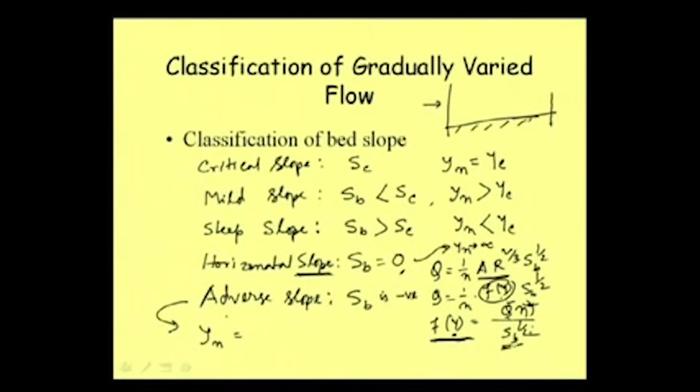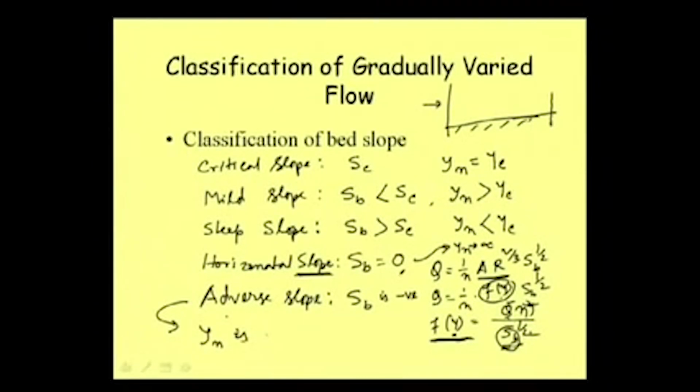Now, when Sb is negative, then it is minus something to the power half, and the square root of a negative number, we know, is an imaginary number. So, this right hand side becomes imaginary, and this means our yn is also becoming imaginary.